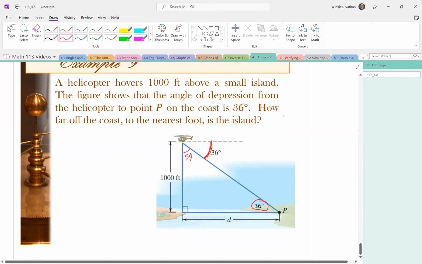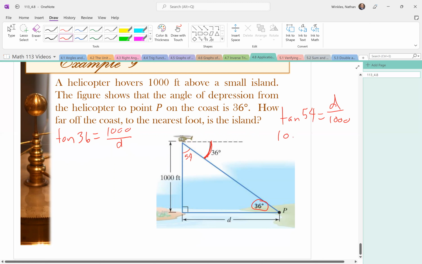We could either do tangent of 54 is equal to d over 1,000, or we could have used tangent of 36 is equal to 1,000 over d. It doesn't matter which one we use.